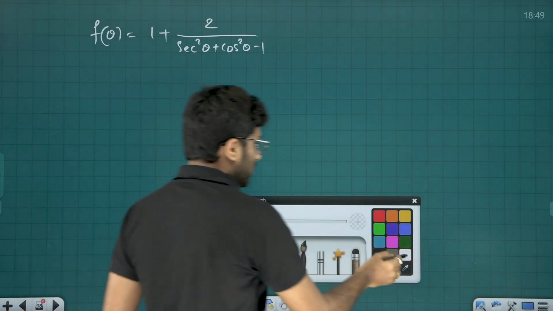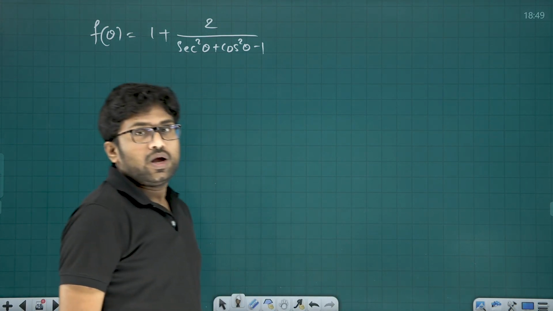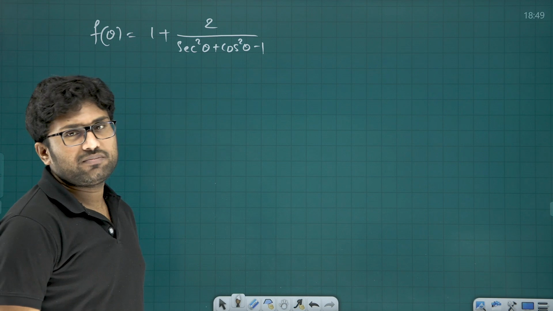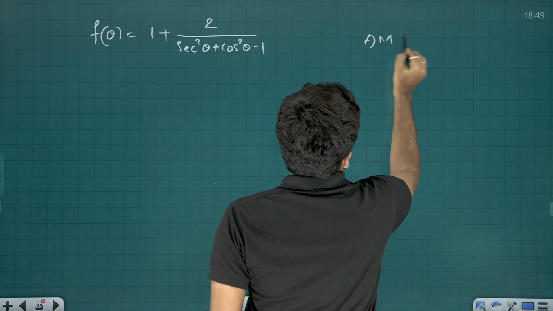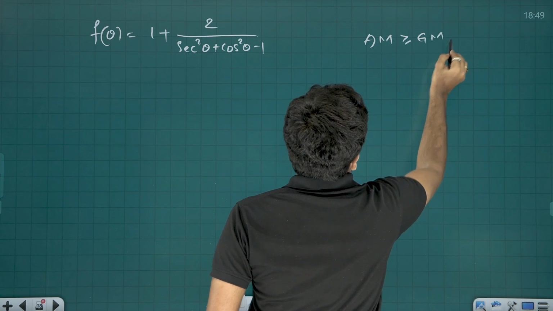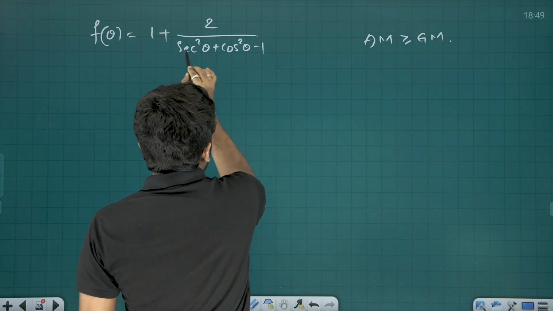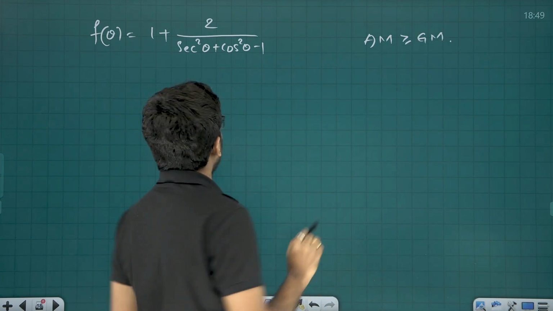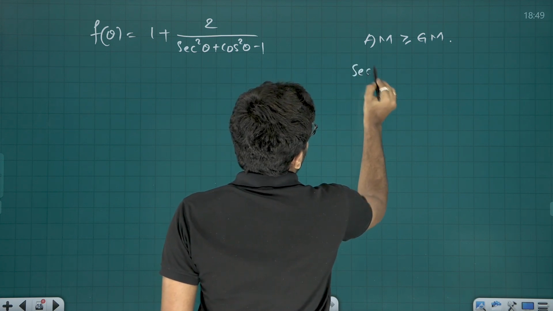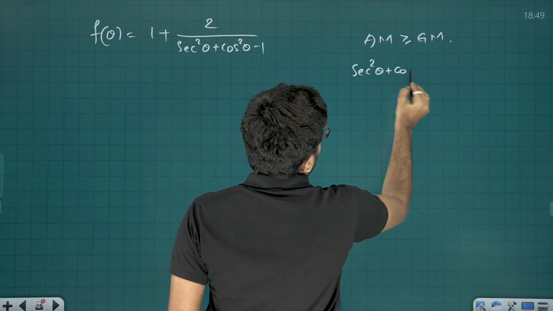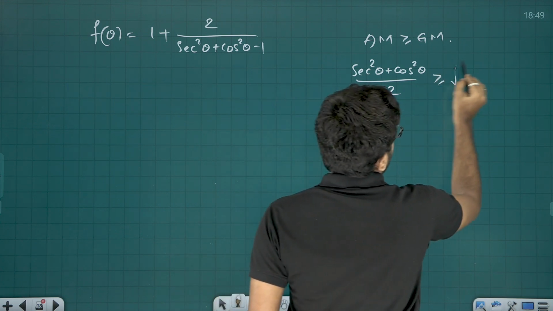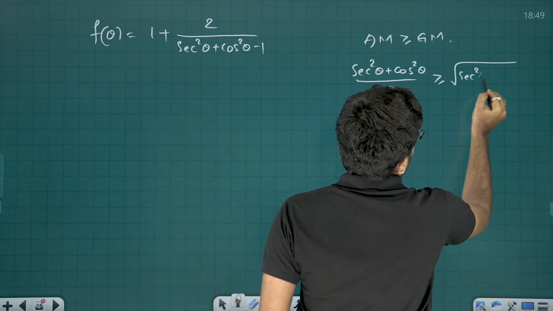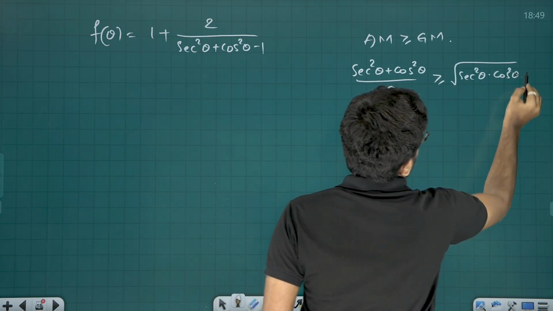We all know one thing friends, AM of any given numbers is always greater than or equal to GM. Arithmetic mean is always greater than or equal to its geometric mean. If I take these two numbers, secant square and cos square theta, AM of these two numbers, that is secant square theta plus cos square theta divided by 2, is always greater than or equal to square root of secant square theta into cos square theta.